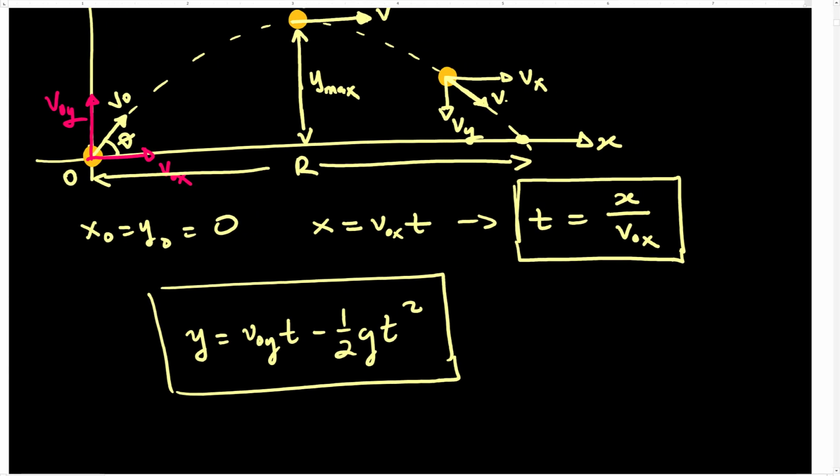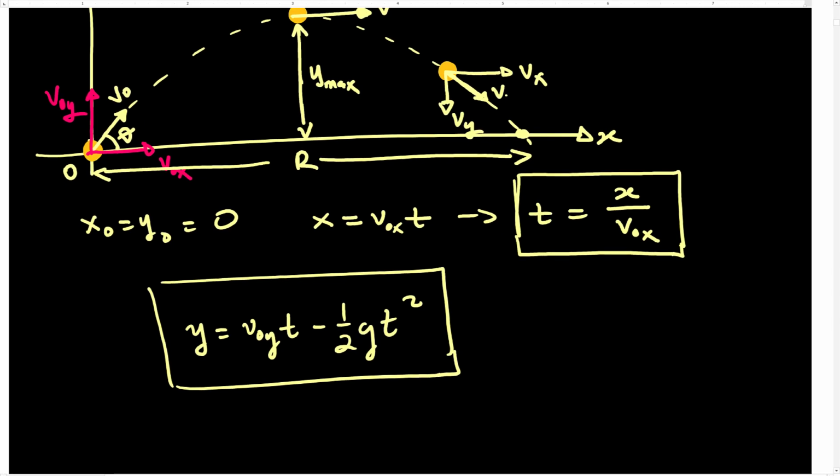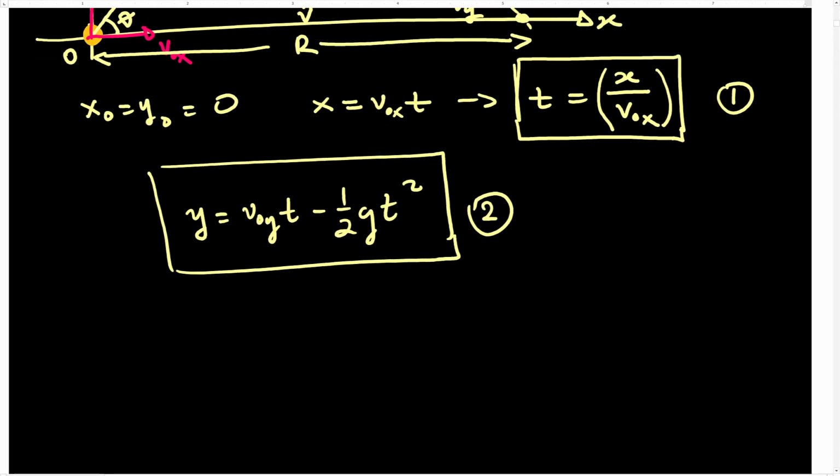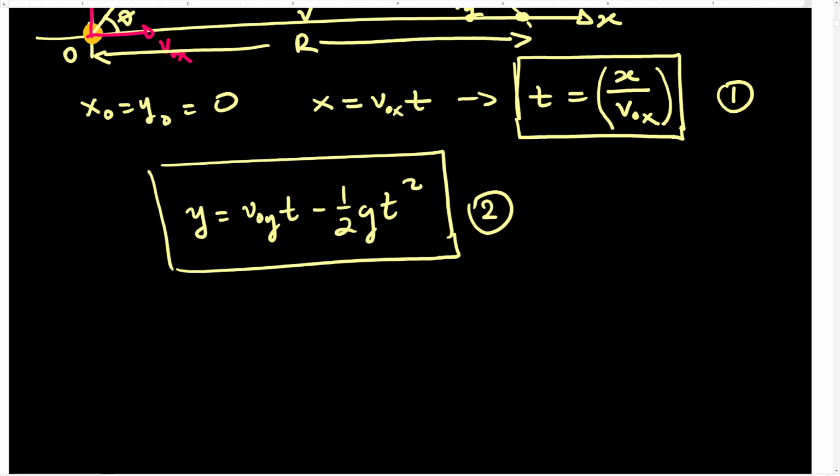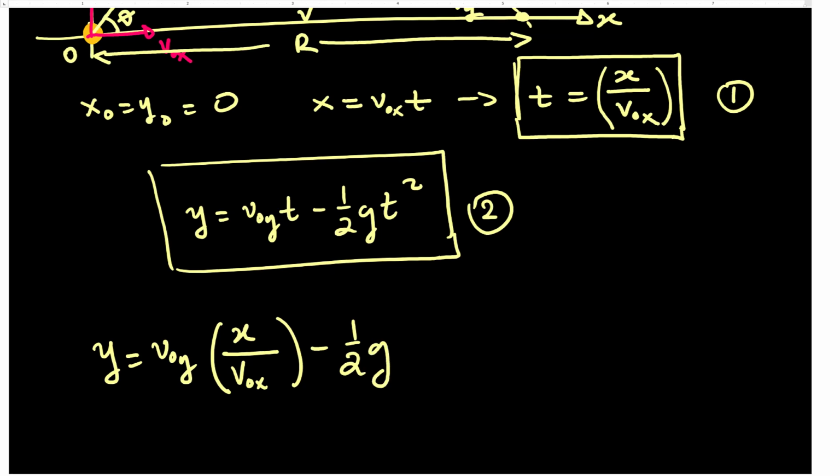Now, here's the thing. We can then substitute the value for t from the first equation into the second equation. If we do that, we will have y equal to Voy bracket x divided by Vox minus 1/2 g bracket x divided by Vox all squared.